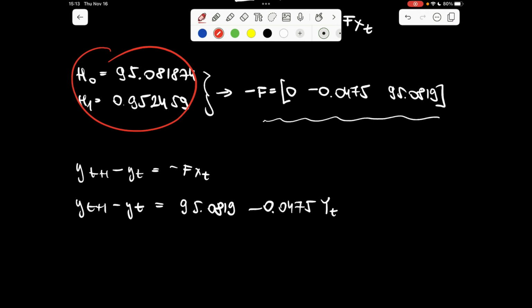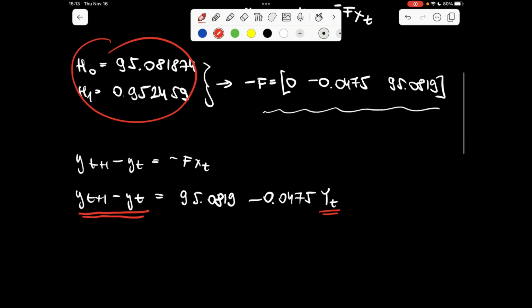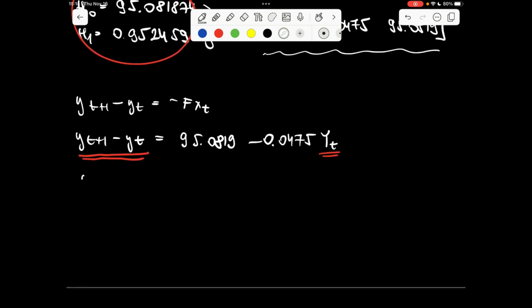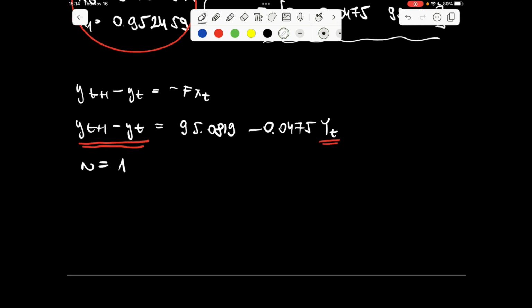So please note that this is the decision variable of the representative firm, and this is the aggregate variable, capital Y. Thanks to representativity, given that n is 1, so we have only one representative firm on the market, which is a price taker, we can write the same equation in this form.